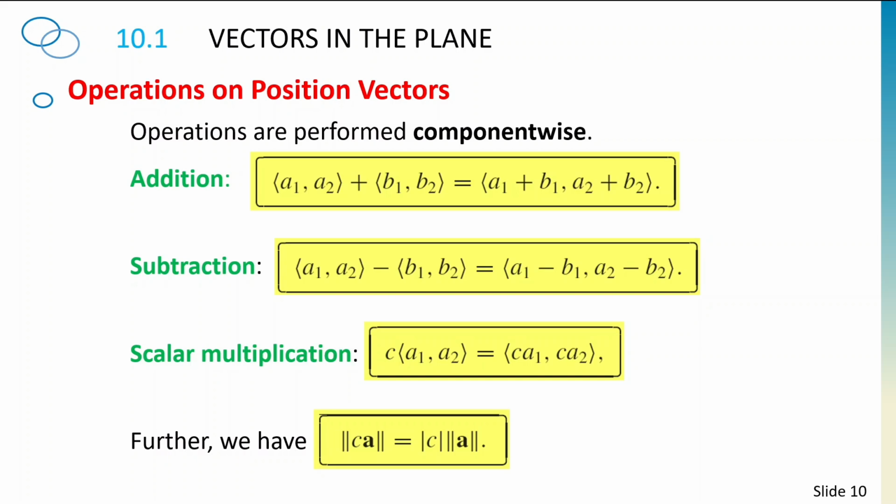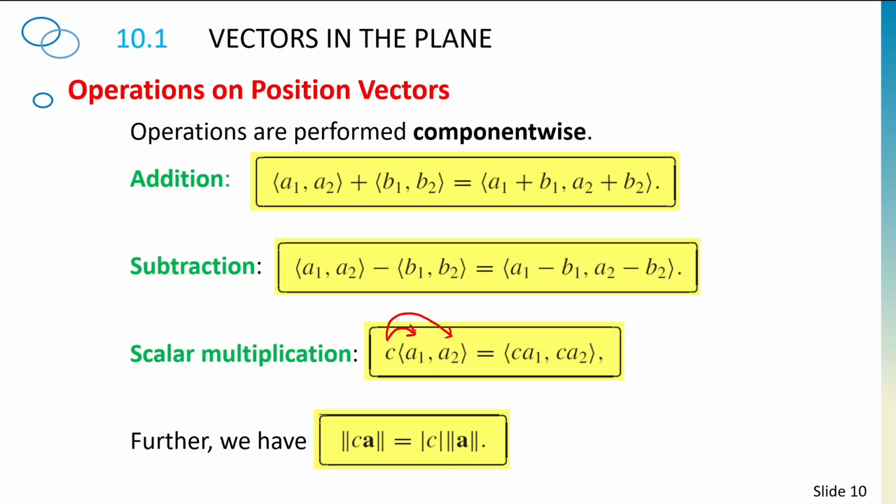For addition, just as expected, if I need to add two vectors, I add the first component with the first, so a1 plus b1, and the second component with the second component. Same thing for subtraction: first minus first, second minus second. Scalar multiplication is just like using the distributive property, so I multiply c by a1 and a2.